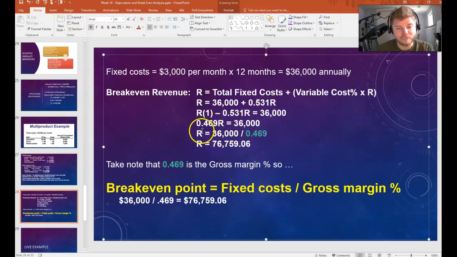Again, we're going to move this back over across the equal sign and change it. 36,000 now divided by 0.469 equals 76,759.06 cents. So we need to sell $76,759.06 of sales in order to break even.